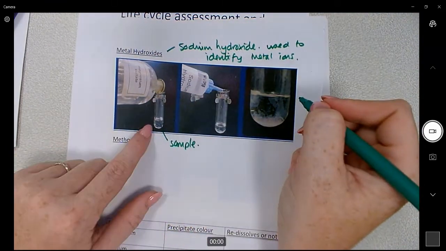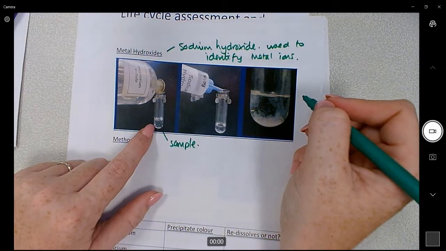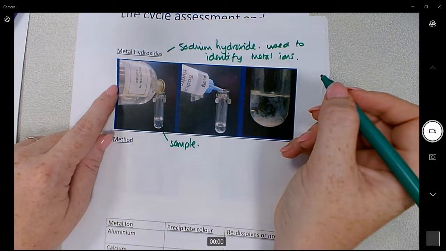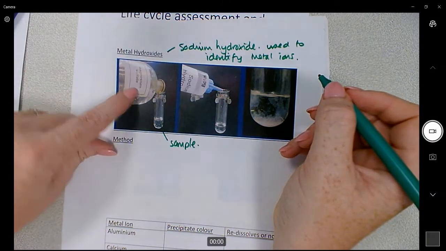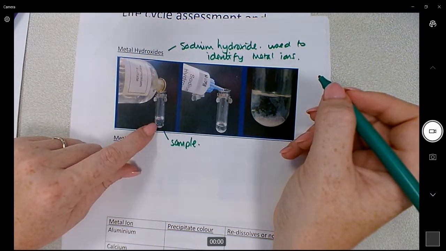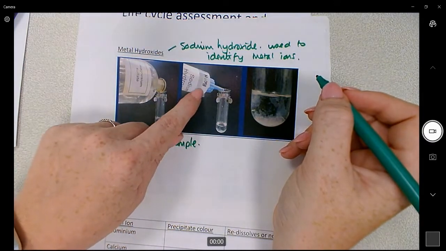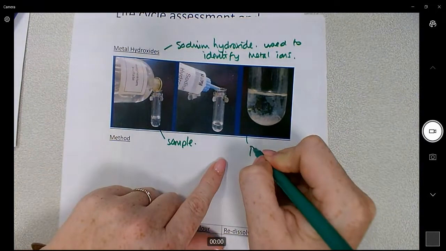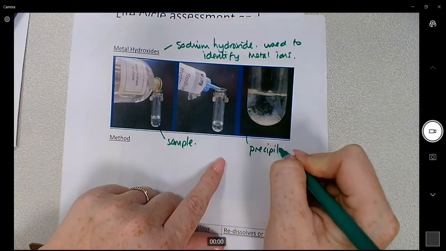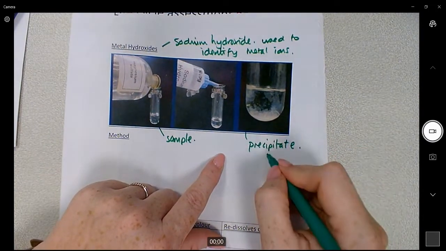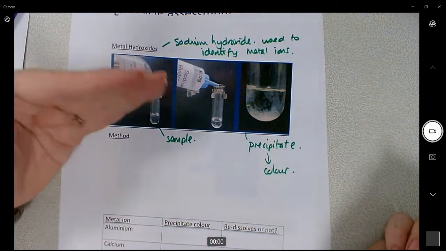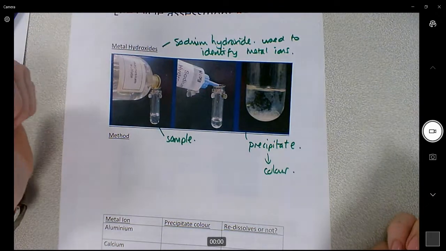So that could be an unknown sample, for example, and then I add, so in this case it's magnesium sulfate. I've added that to our solution. And then I add the sodium hydroxide to that. And as you can see, we form a precipitate. And that precipitate has a specific colour.